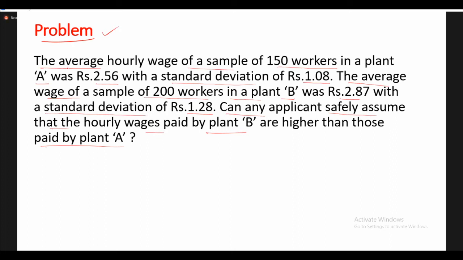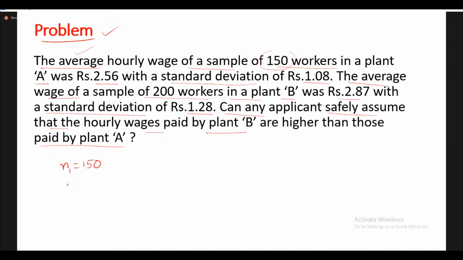The average hourly wage of a sample of 150 workers. A sample of 150 means that is the sample size. First sample size n1 is equal to 150, right? In plant A it was 2.56. What is the 2.56? Average means mean.